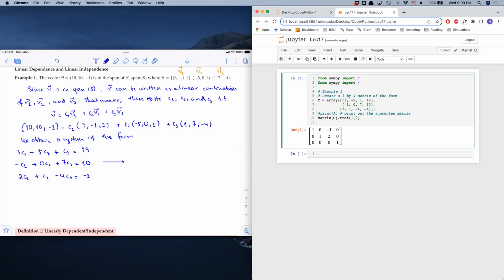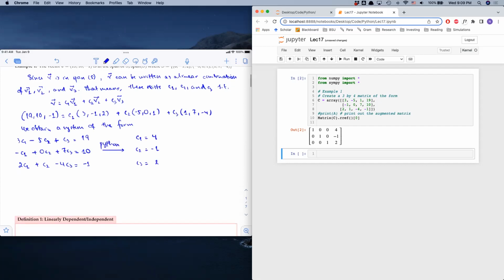Hit Shift Enter, and it gives you the reduced row echelon form. From this, we obtain that C1 is equal to 4, C2 is equal to -1, and C3 is equal to 2. From here, we can explicitly write down the linear combination of V.